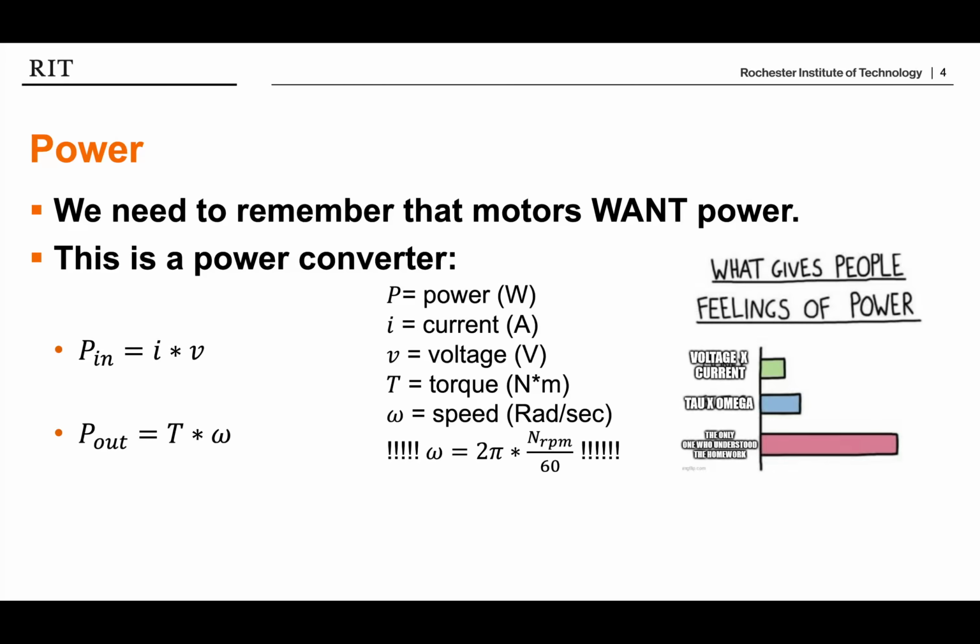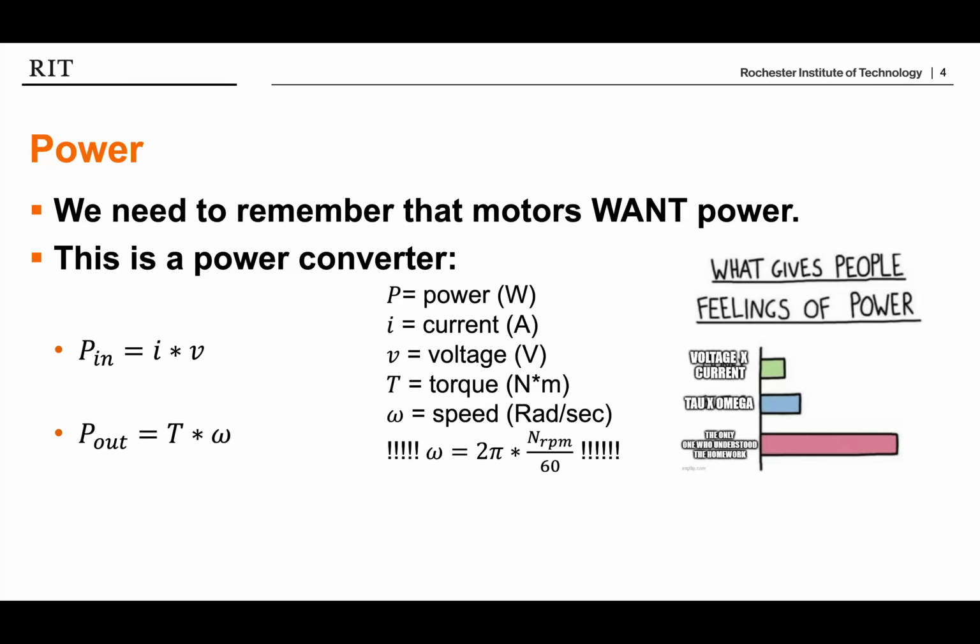In the case of a motor, we have power coming in and it converts it to a different type of power going out. Now the power coming in, obviously, if it's an electric motor, is current times voltage, P equals IV. This should take us right back to good old circuits 1. Now for the power out, we have torque times omega, and this is one of those really important things I want to put out there so that we all know and we're all thinking about it.